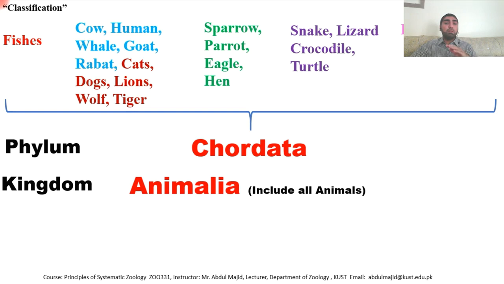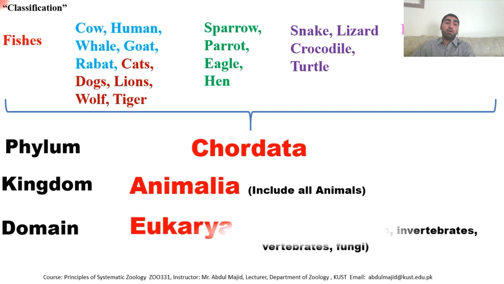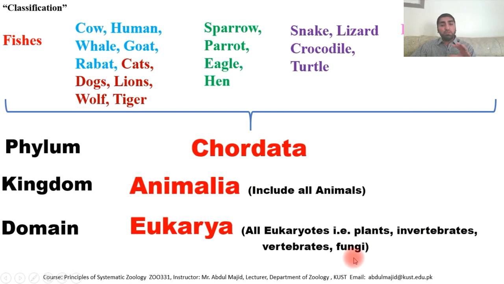They are all animals. It doesn't matter whether they are vertebrates or non-vertebrates, mammals, or reptiles, whatever they are, they are animals. So that's why we place them in Animalia. And then we place all of such things into a domain, which is Eukaryota, because all of these have eukaryotic cells. Plants, invertebrates, vertebrates, fungi, they all have eukaryotic cells. So then we place them into Eukarya or Eukaryota.